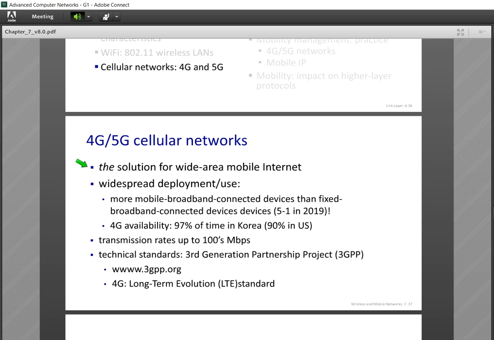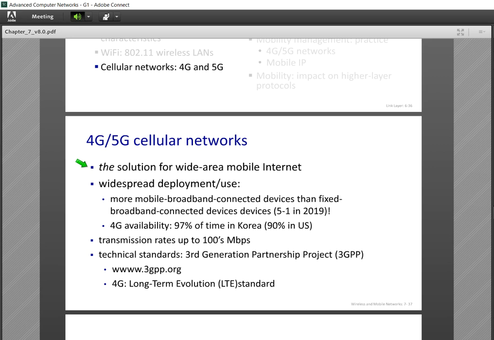And if you look at, for example, Cisco statistics, Cisco has a special service for prediction on network statistics. You can search and find it easily over the internet. In 2019, the number of mobile broadband connected devices against the number of fixed broadband connected devices was 5 to 1.